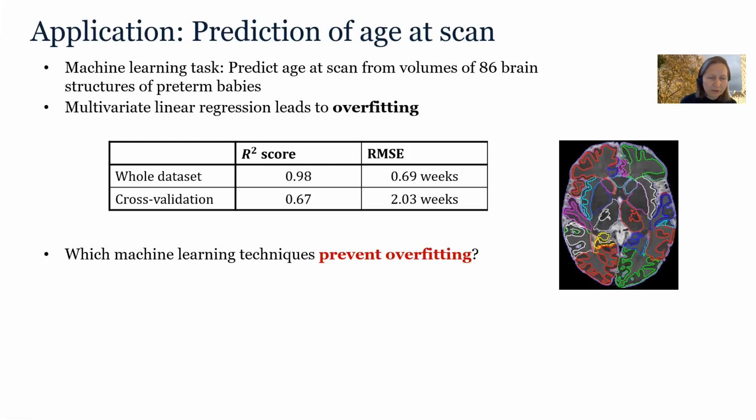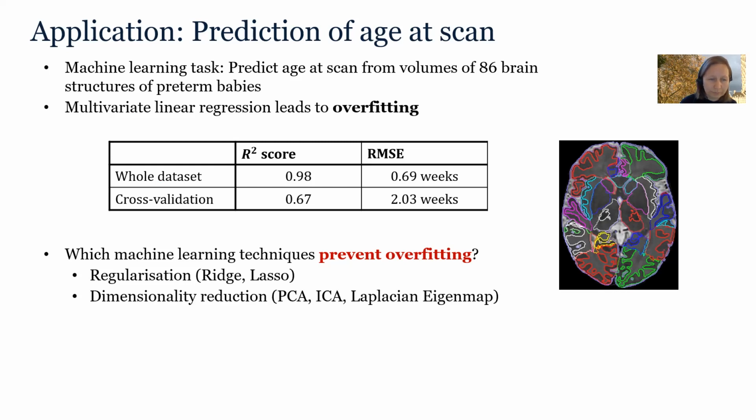So we already covered several machine learning techniques that can prevent overfitting. I will leave you a couple of moments now to recall which ones they are. So we have covered regularization that prevents overfitting by penalizing large weights using L1 or L2 norm.